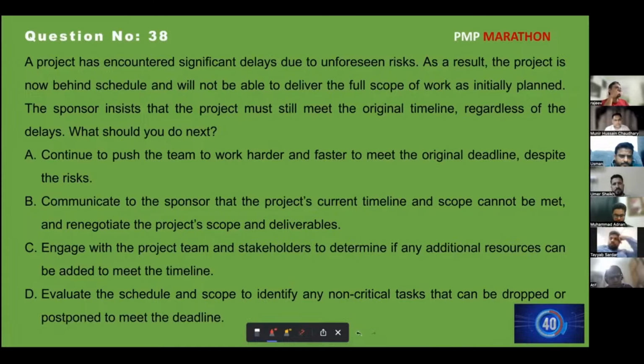Very good question. C, D. How can you put C as the answer?